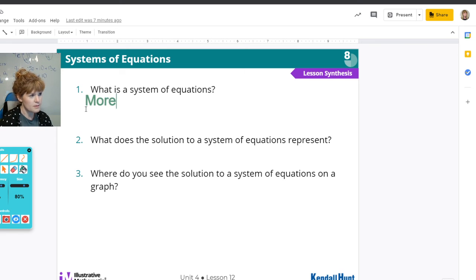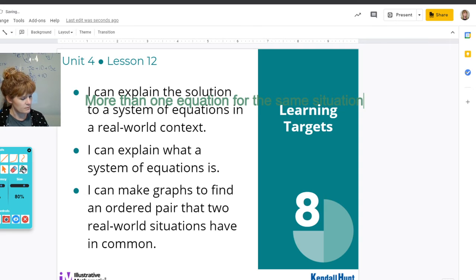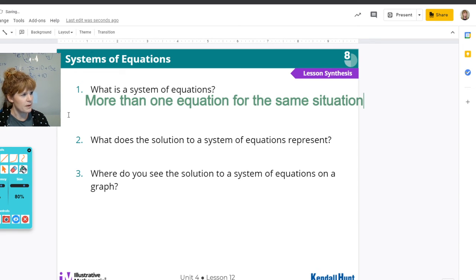It is more than one equation for the same situation. There we go. More than one equation for the same situation. Okay, we've got a situation and there are two equations or three or four that describe the situation.